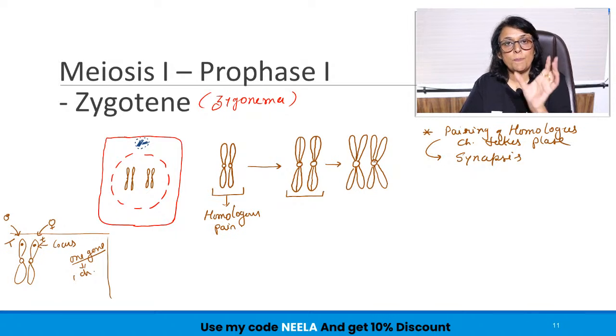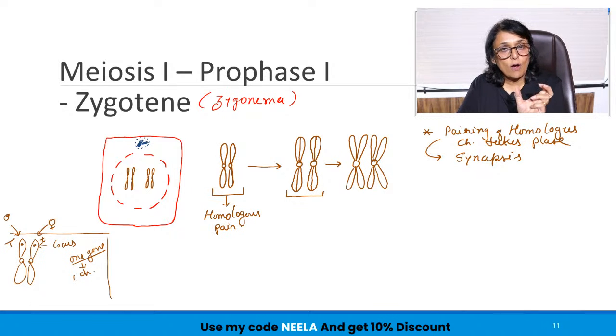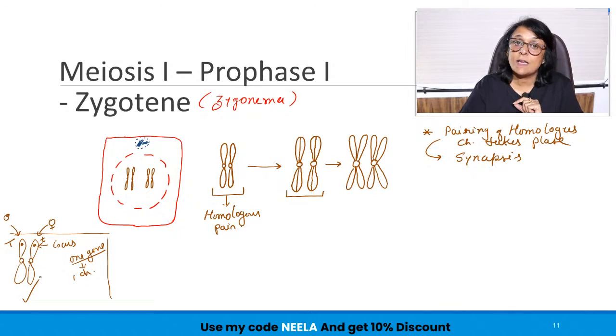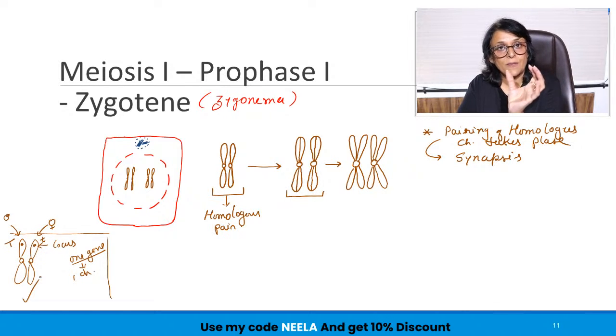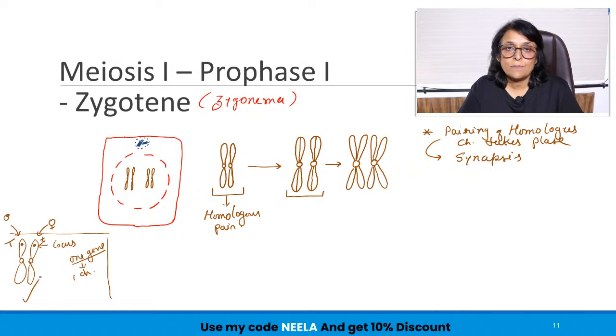So the pairing takes place first. What is this pairing of? It is a pairing of homologous chromosomes. What are homologous chromosomes? Homologous pair is a pair of chromosomes which have the same genes at the same locus. We have understood this concept, what we mean by same gene and same locus. Chromosomes pair, and this is called synapsis.